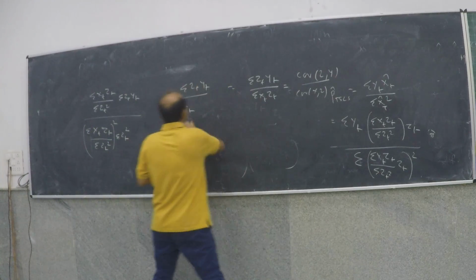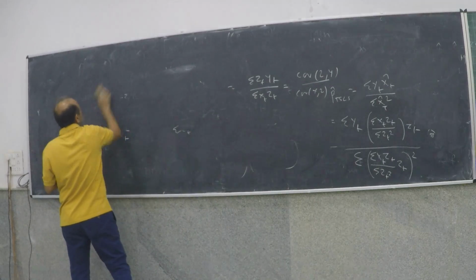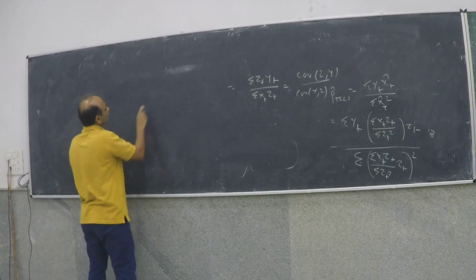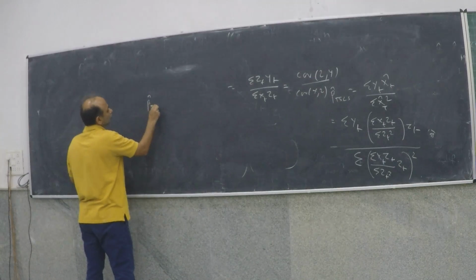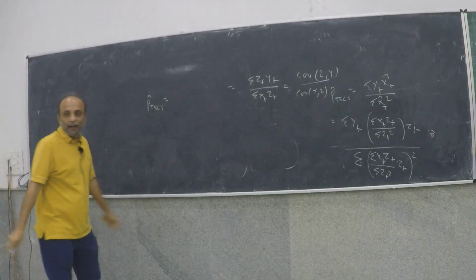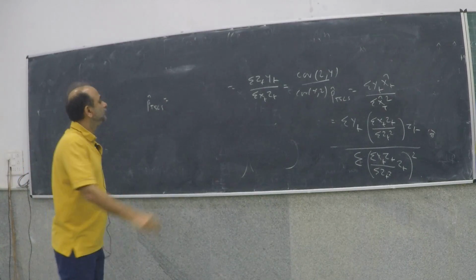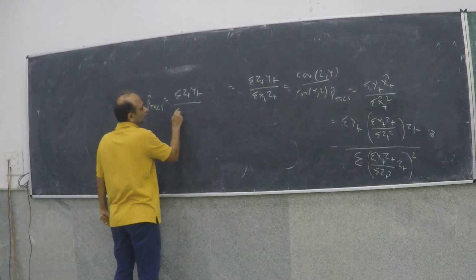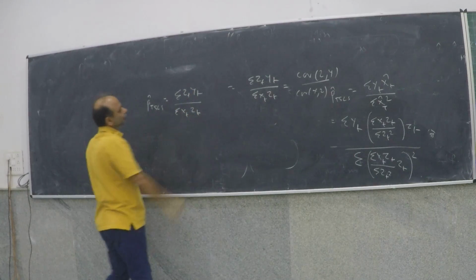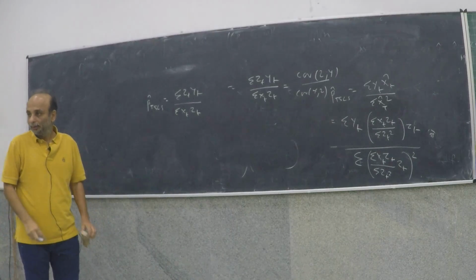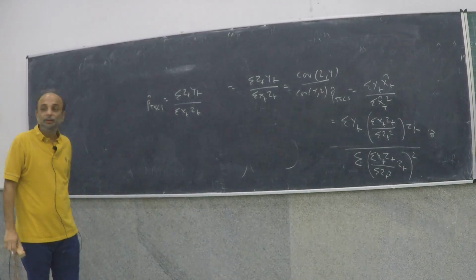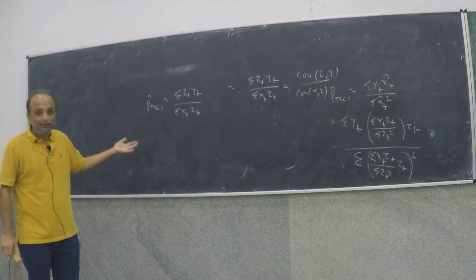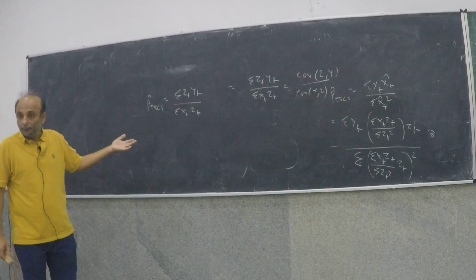So I have beta hat 2SLS, which is given to me as summation zt yt upon summation xt zt, the 2SLS estimator, right?